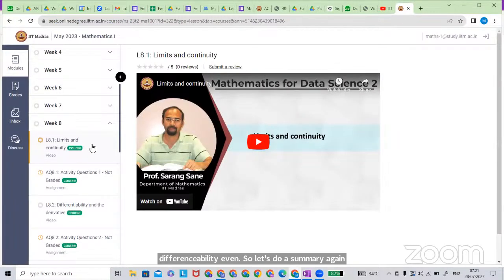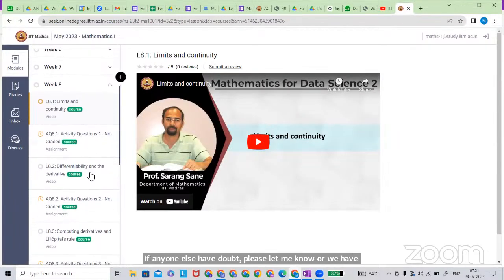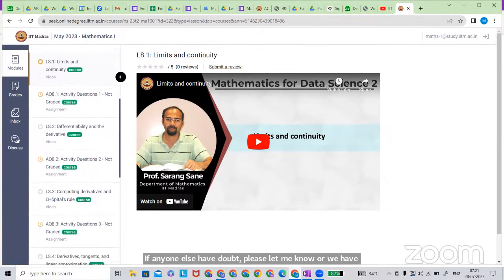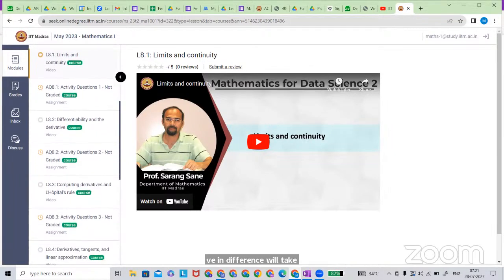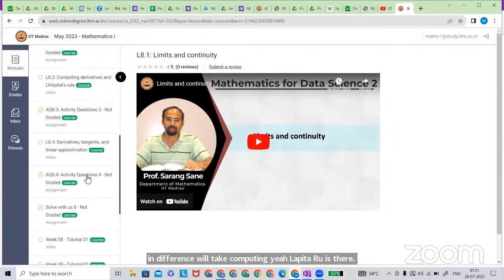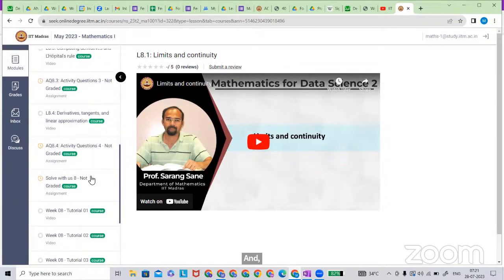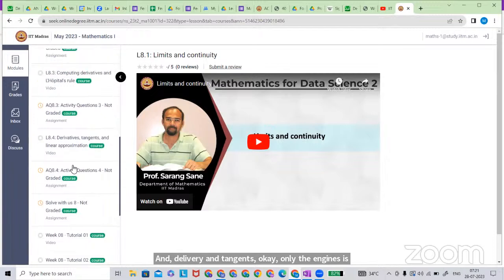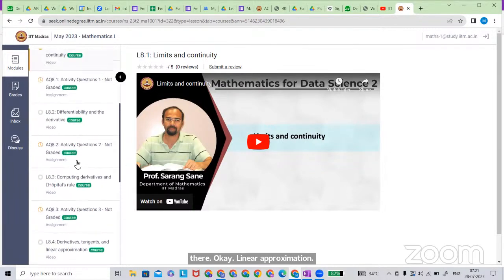In week 8, we have limits, differentiability, computing, L'Hopital's rule, derivatives and tangents, and linear approximation, the tangent and linear approximation. We'll see it slowly.